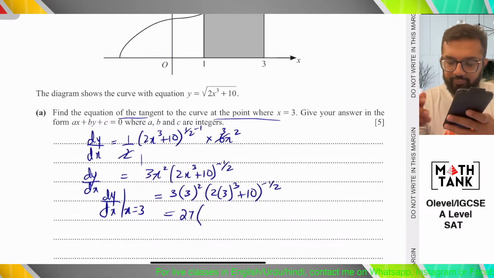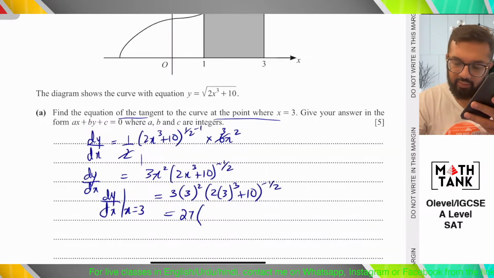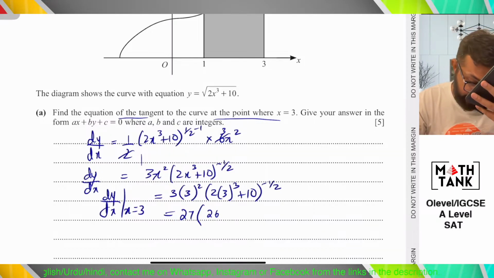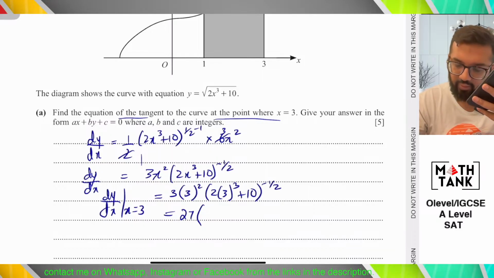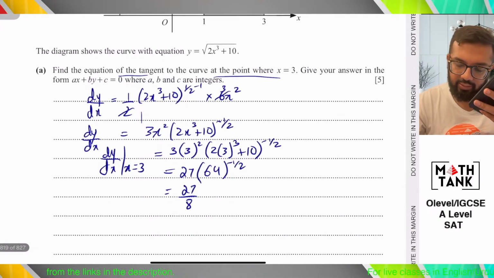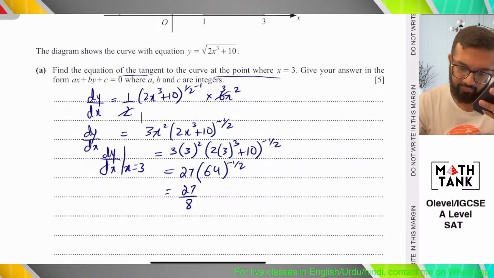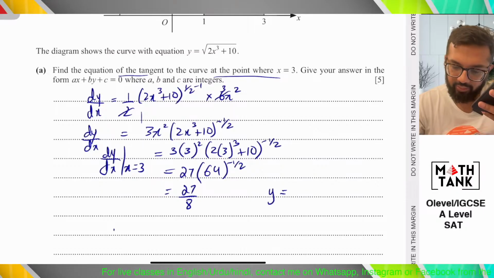27, 16 plus. That sounds a little wrong. No, calculate. 54 and 64. 27 over 8 is the gradient. I want the equation of the tangent only, but I don't have the y coordinate.